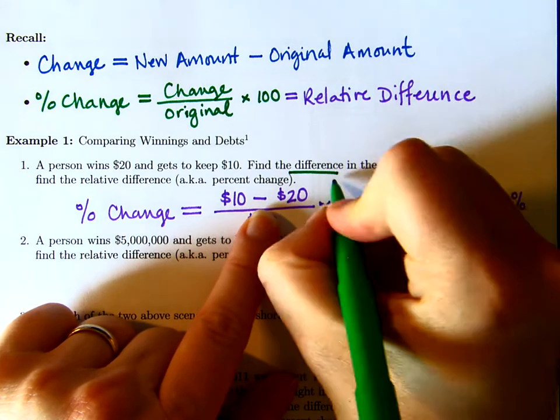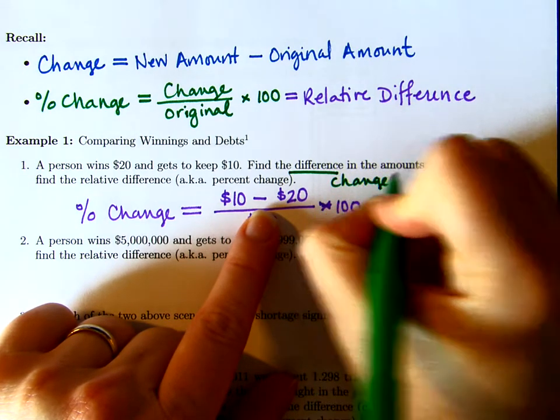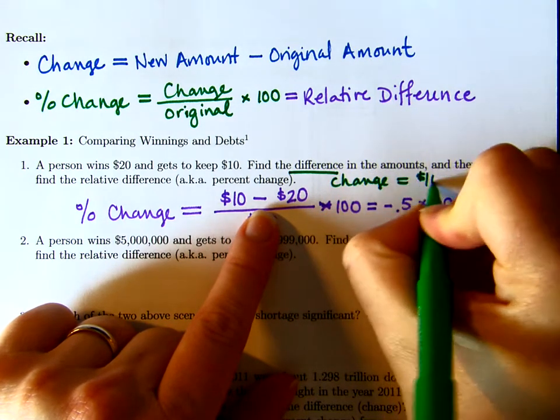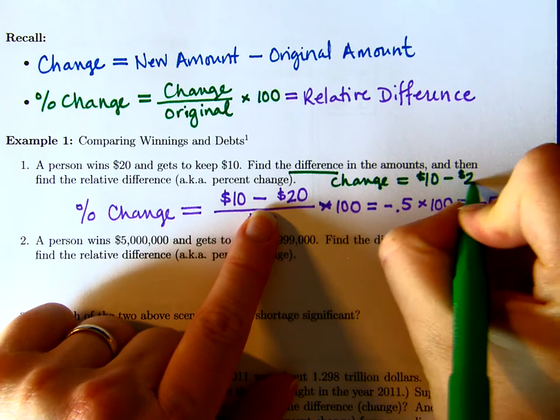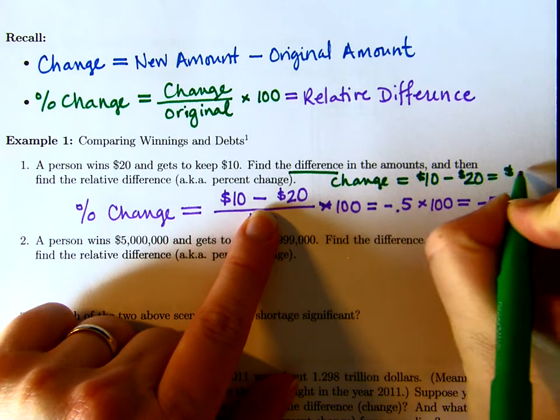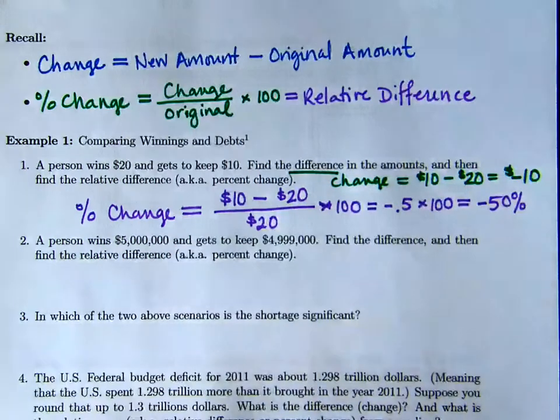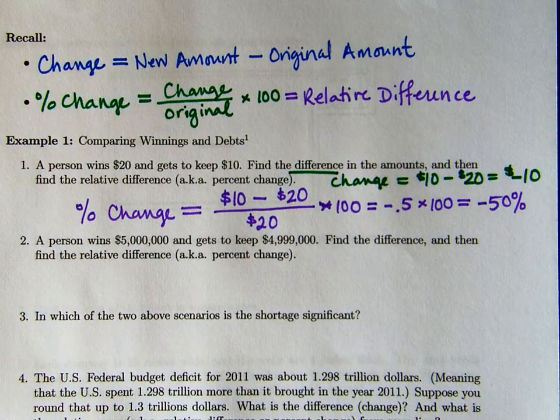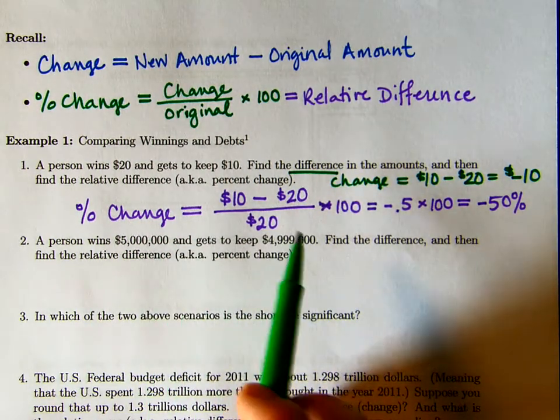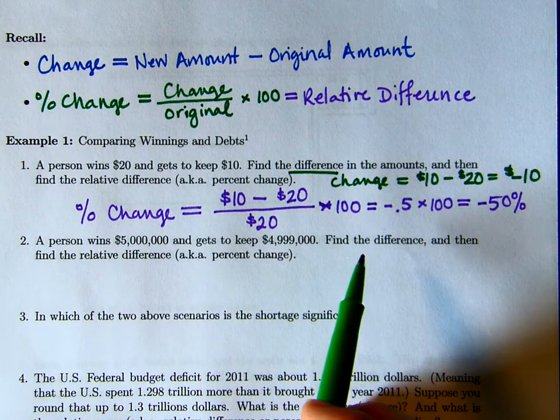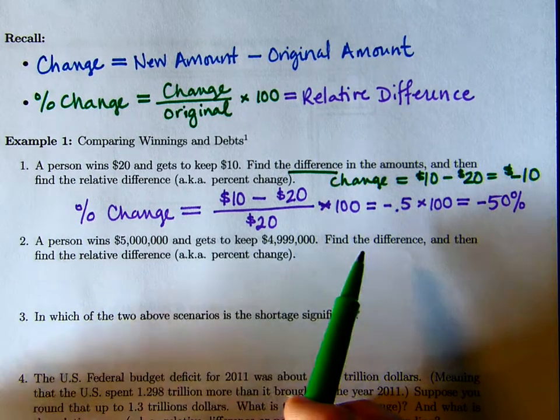So the difference, the change, $10 take away $20. Those are like terms, down by $10. Yeah? Okay.